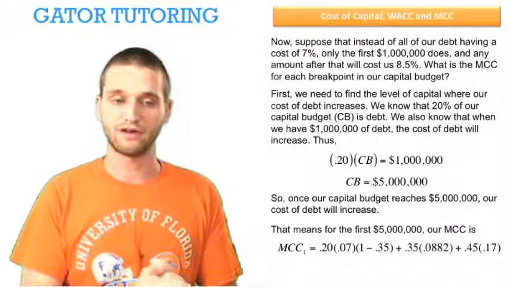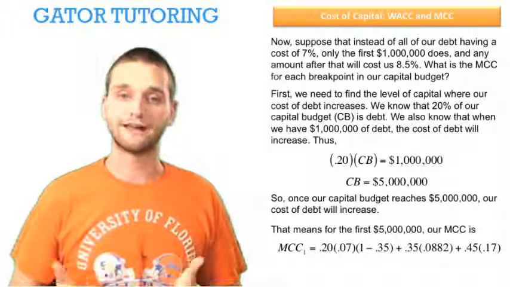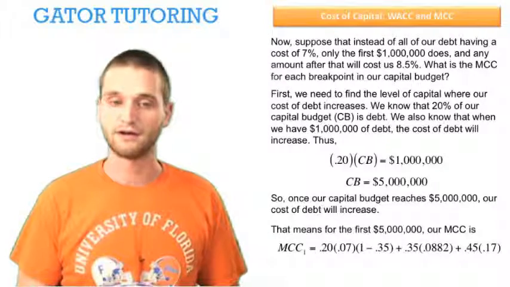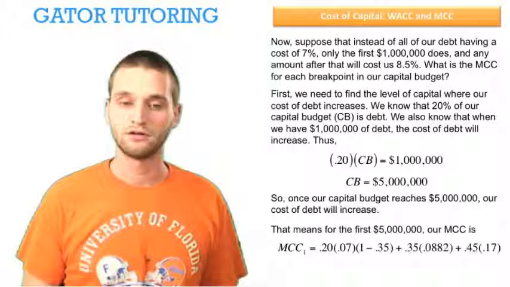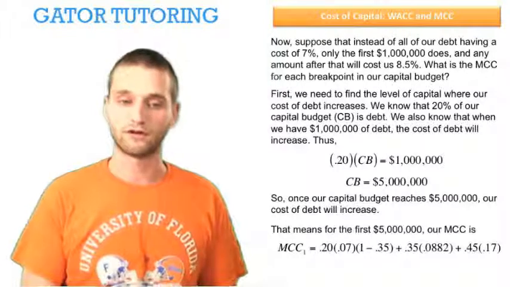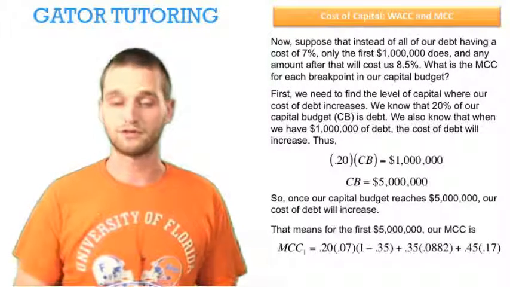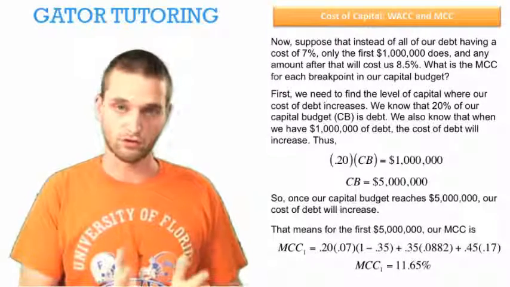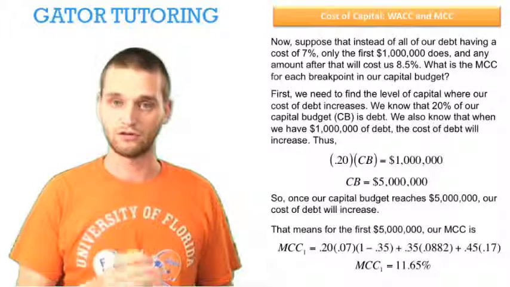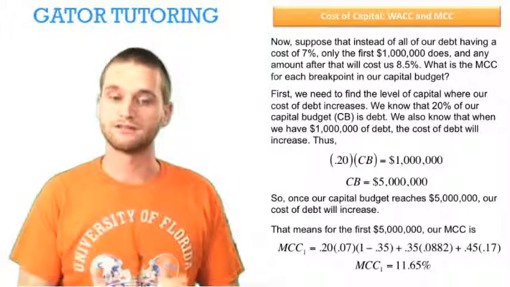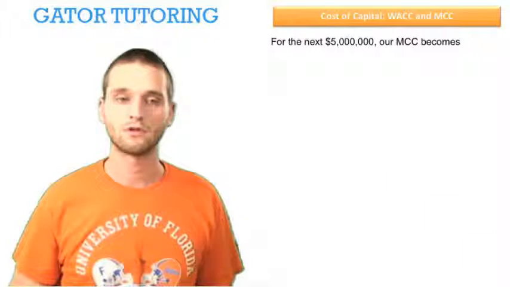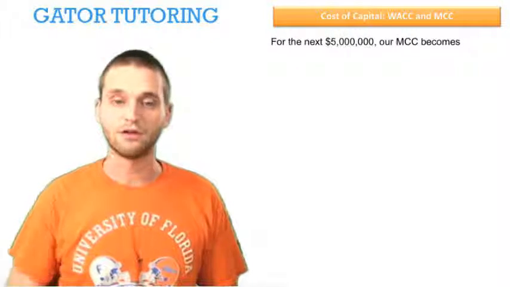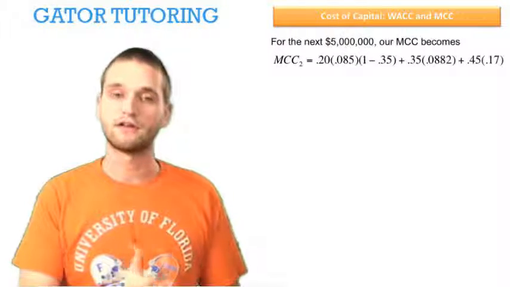So we take the weight of debt, the 20%, times the return on debt for the first $1 million, which we know is 7%, times 1 minus the tax rate, plus the 35% of preferred times the return on preferred, plus the 45% of stock times the return on stock. We get a marginal cost of capital in the first half of our total capital budget, from $0 to $5 million, of 11.65%.